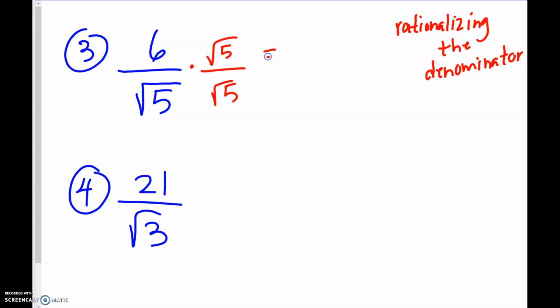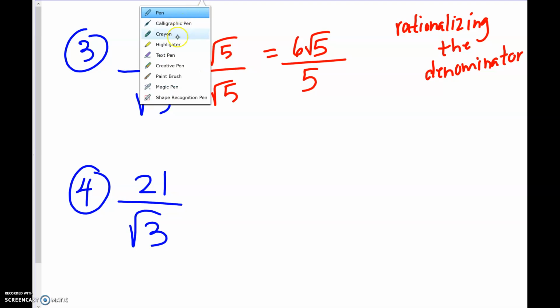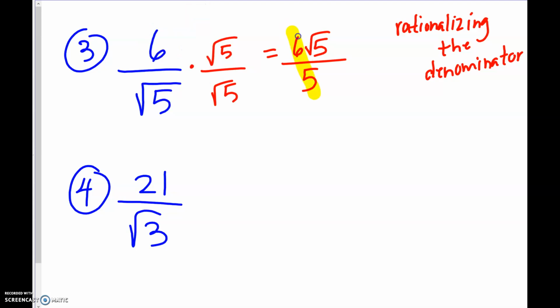This way I'm not changing the value at all. So I have 6 root 5 on the top, and on the bottom, the square root of 5 times the square root of 5 is 5. So this is my final answer. Always look and make sure that these two numbers do not simplify, which in this particular case they don't, but please make sure that you are checking for that.